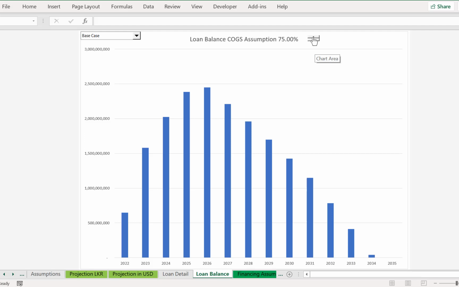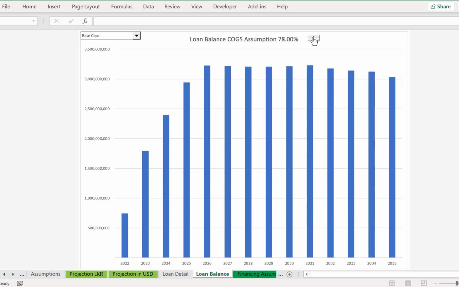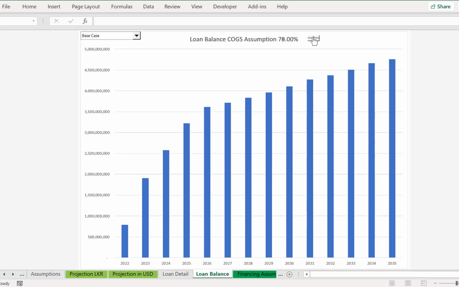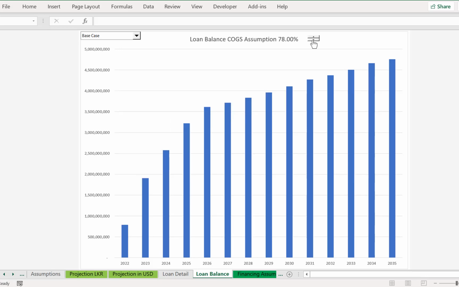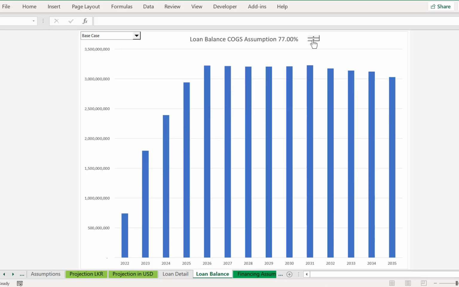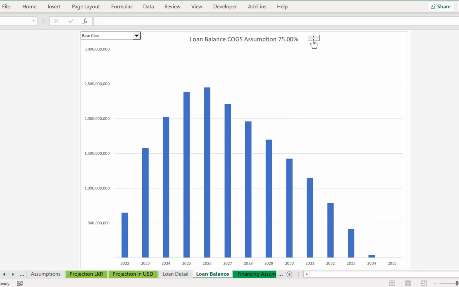So if we make the cost of goods percent go up, then we can't really pay off the loan. At least we can demonstrate that, and in a way it crosses the bridge between corporate finance and project finance. So that's a little bit of an introduction.